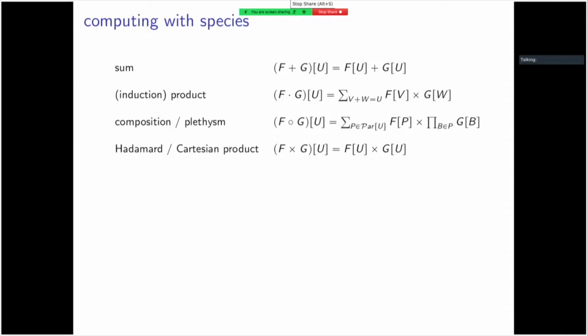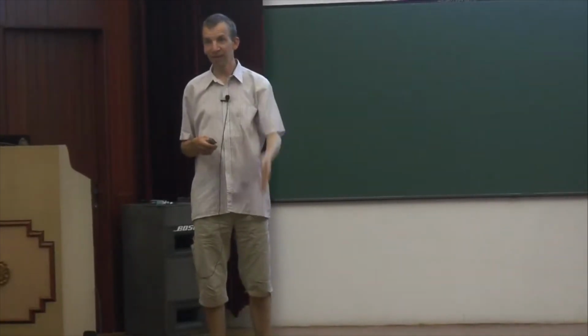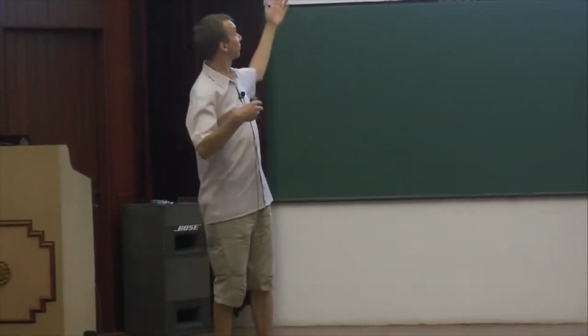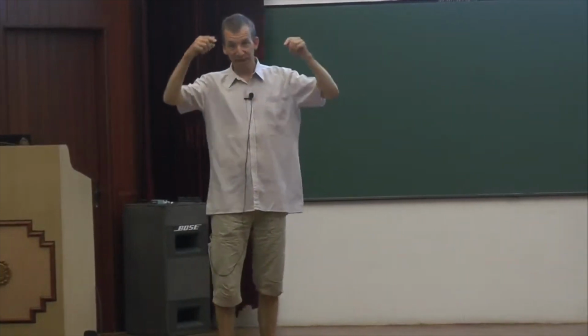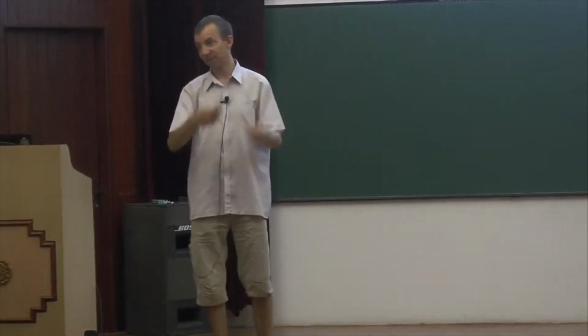And there are lots of other operations on species, the Hadamard product or Cartesian product. You can think of it as, you write the labels in the middle, and then both species on both sides share the labels, so to say.